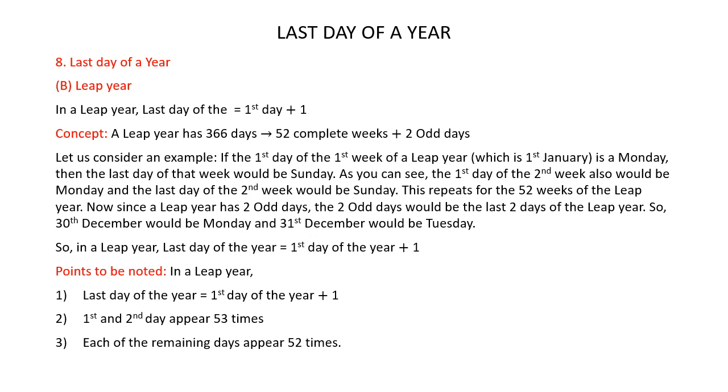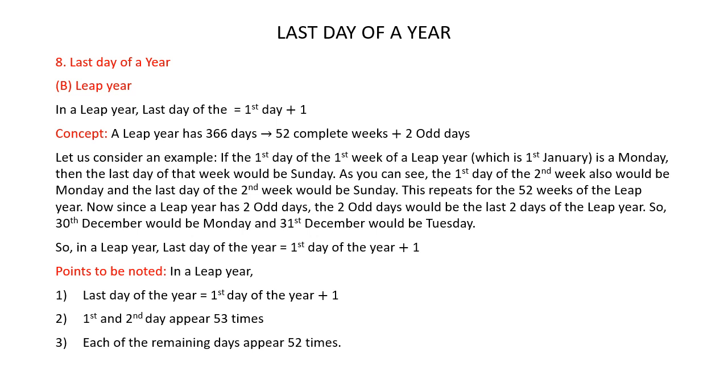And since the leap year has 2 odd days, these 2 odd days would be Monday and Tuesday. So you can see here that Monday and Tuesday appear 52 plus 1, that is 53 times in a leap year.